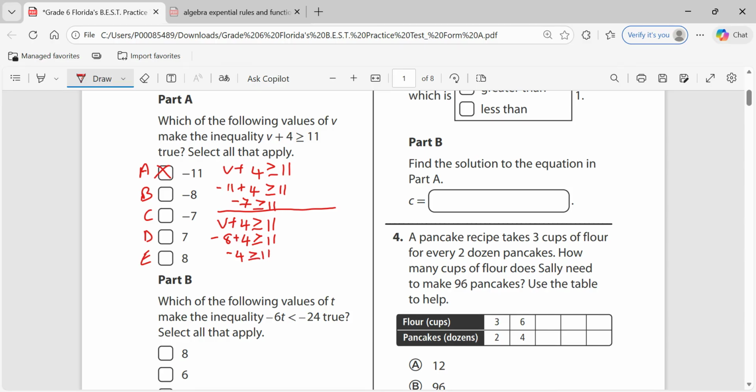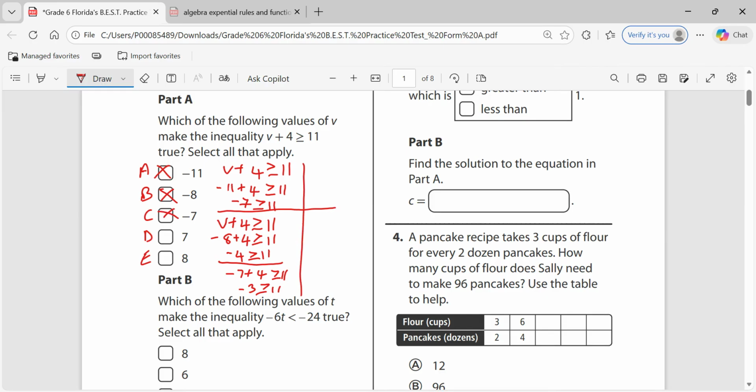Is negative 4 greater than 11? Nope. So I know B is not my answer choice. I am going to try this for C. Negative 7 plus 4, is that greater than or equal to 11? Two different signs, I subtract, so negative 3. Is that greater than 11? No, it is not. So C is not an option either.